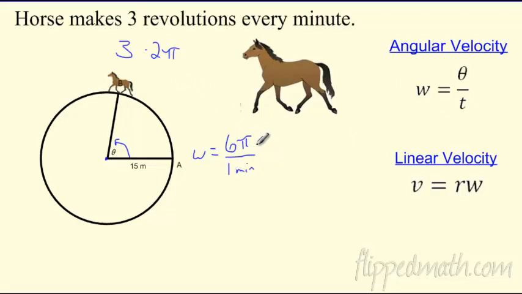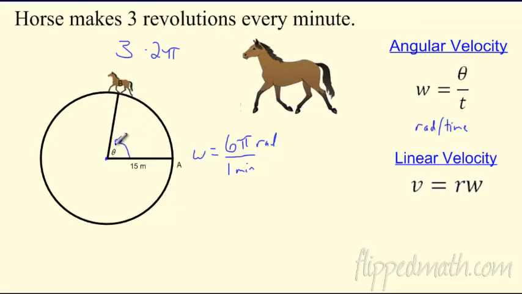So he has an angular velocity of 6 pi radians every 1 minute. Angular velocity is always going to be in radians per some unit of time. So all we're really doing is changing revolutions to radians. That's how fast this is going. He does 3 revolutions, that's 6 pi, every minute. That's how fast his angular velocity is.